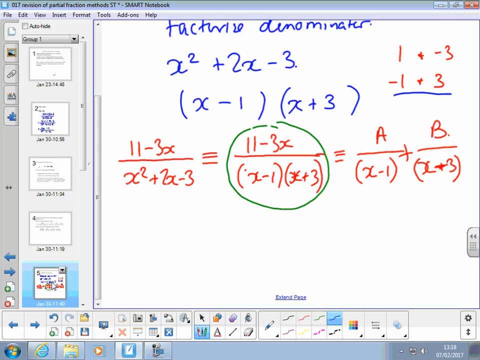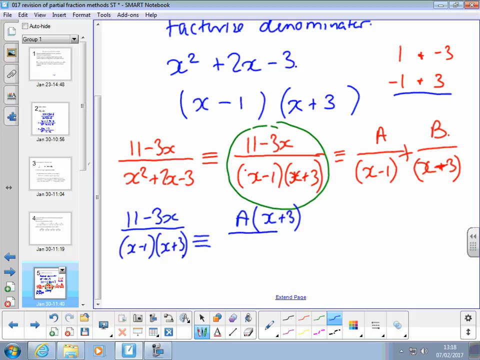So we've got to say 11 minus 3x over x minus 1 is A times x plus 3 over that common denominator, plus B, and we've got to multiply that by this side, x minus 1, over the common denominator.